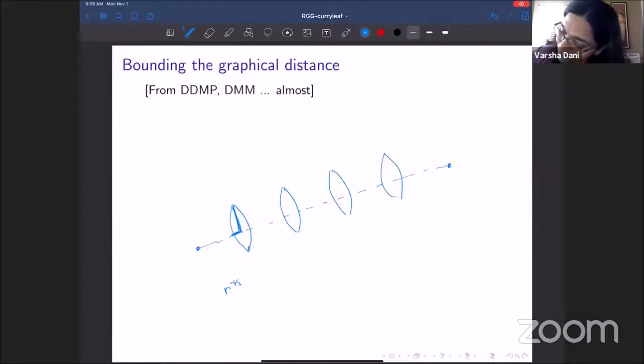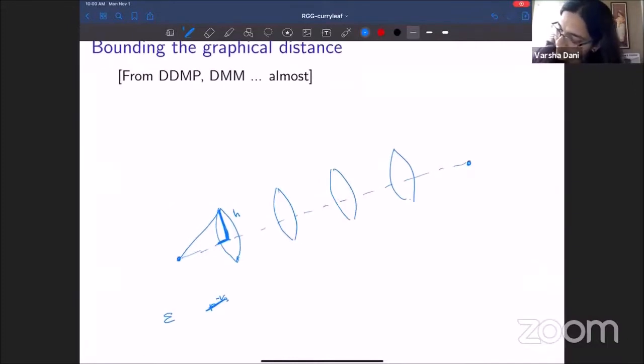So each of these has width some epsilon and height some h, right? Then the area is going to be something that is like epsilon h, and if we make that thing area 1 or area log n, that it's very likely to have a point in there.